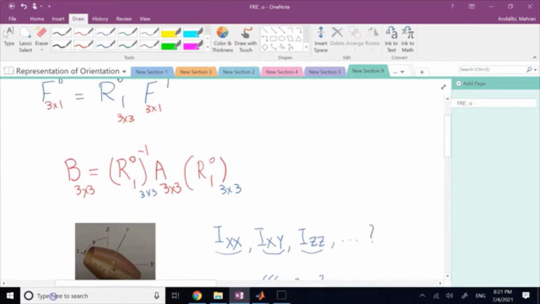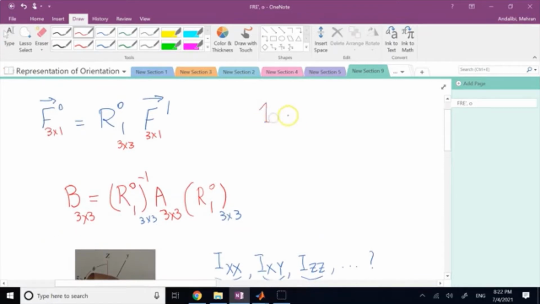Okay, so now I can use the similarity transform. If I call 1 my cap XYZ, and I call 0 my small xyz, based on this A, you know here A is written in what frame?